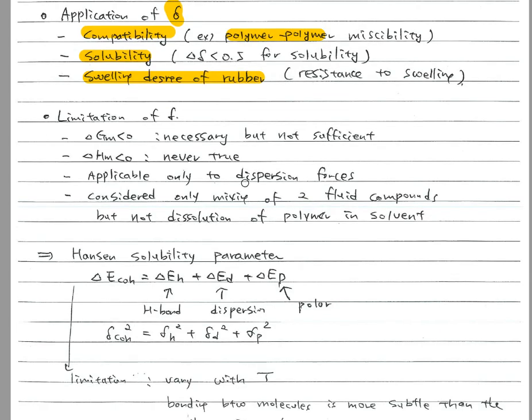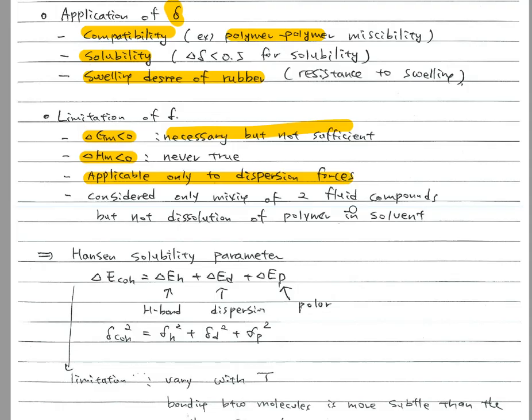So some of the limitations: in some systems, although thermodynamically delta G is negative, the solvent does not dissolve the polymer. There are exceptions, right? And delta H cannot be negative. And I mentioned that it's only applicable to the dispersion force for non-polar systems.